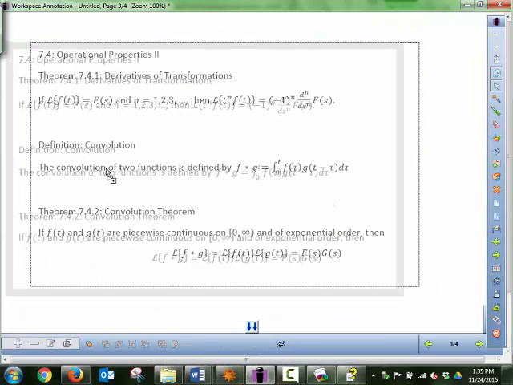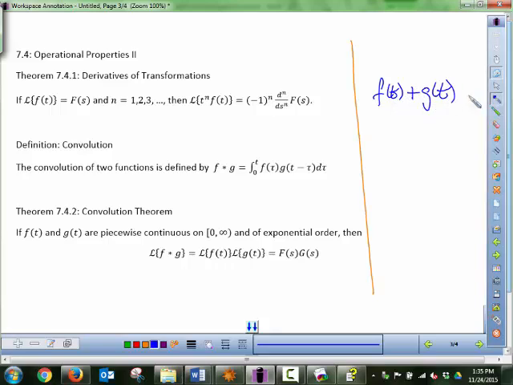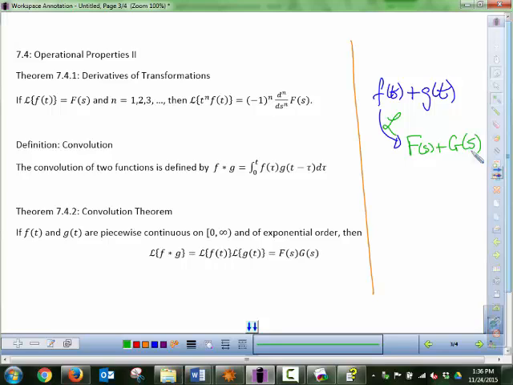But I should say a little something about this. We know that if we have f of t plus g of t in the t world, and then we transform this using Laplace transform in the s world, this is capital F of s plus capital G of s. We know that it's linear, so addition and scalar multiplication would hold.